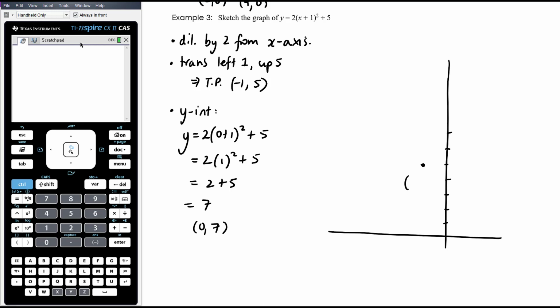So let's have (-1, 5) there. We're going to cross the axis there at 7. So let's mark a symmetric point sort of here to help us get the shape right. (0, 7). And there's our graph. Minimum information: turning point, and one other point. So we've got that, and that's all we need.